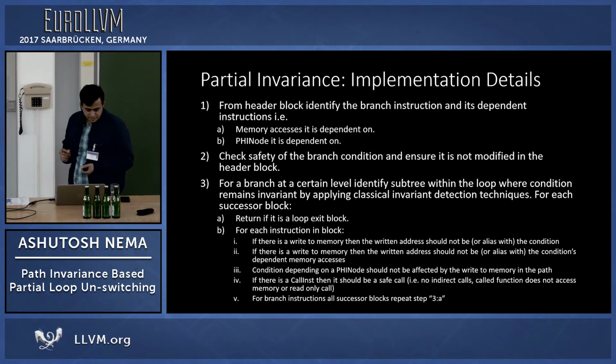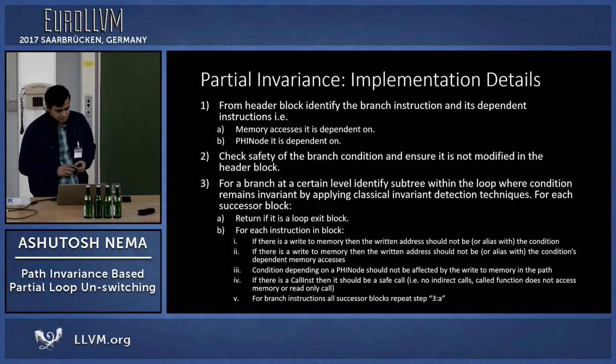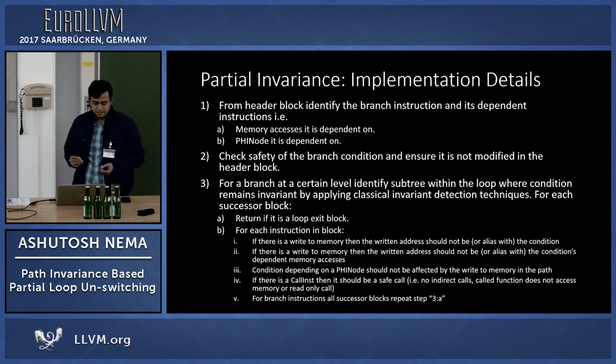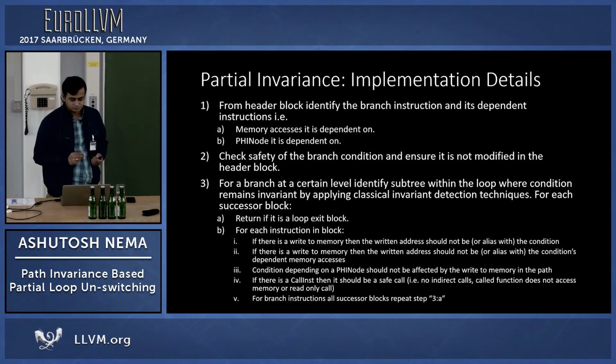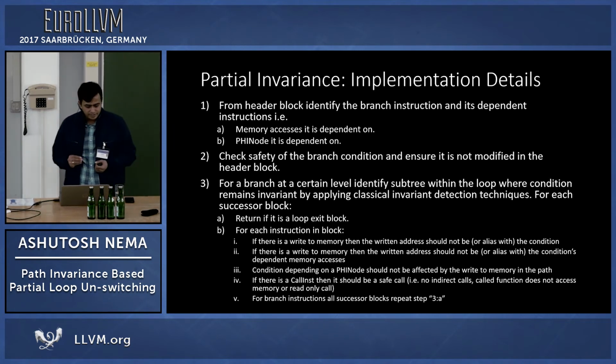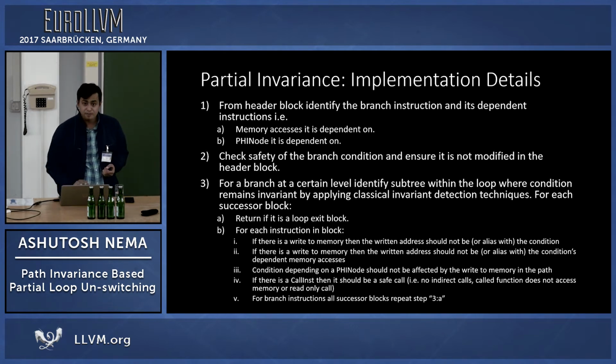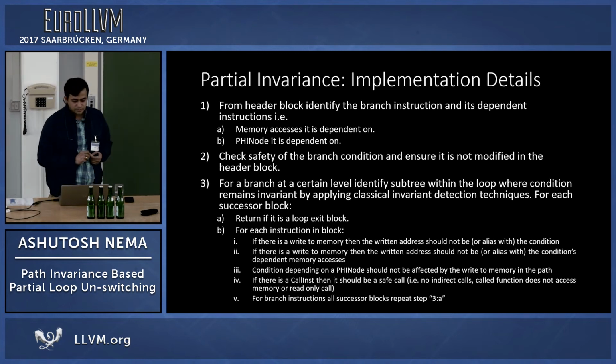There are a few things I mention here. If the instruction is a write to memory, then the written address should not be the condition or alias with the condition-dependent memory accesses. A condition dependent on a phi node should not be affected by a write to memory in the path.